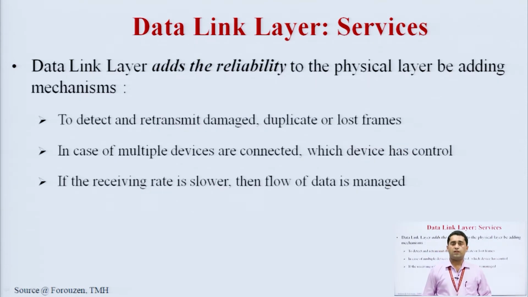Now, if I take a scenario to discuss these functionalities or services in detail, maybe some of the students are unable to understand the previous example. So, you can find here one more example. In the data link layer, if the data received is not as per the data sent by the sender, I am the sender, you are the receiver, and what you are receiving is not as per my expectations.